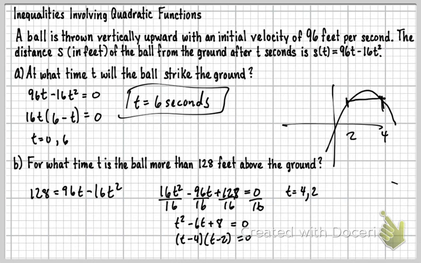So in that interval, it'll actually be above 128 feet. At 2 and 4, it's equal to 128. And since it's downward, it'll be between those two numbers where it's actually greater than 128. That's what's nice about looking at the picture, just to get a rough idea of what's happening.